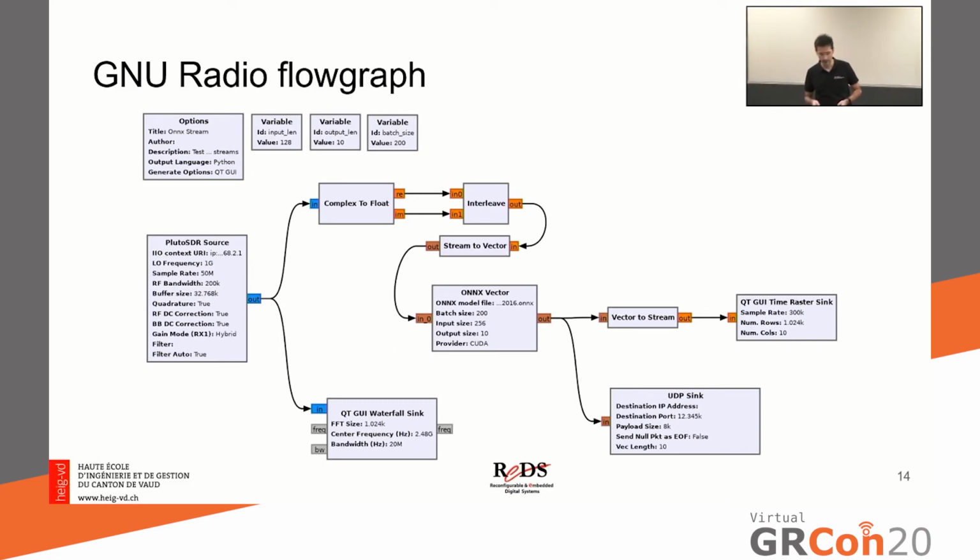As I said, GNU Radio doesn't support multi-dimensional data, so if your model requires multi-dimensional data, which is the case, a vector of 128 IQ values, you have to adapt it somehow, and this is done by interleaving the I and Q values.